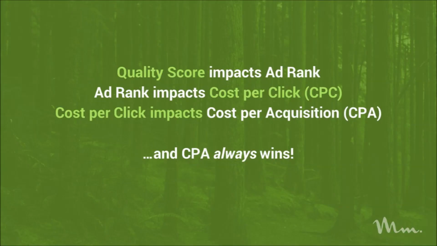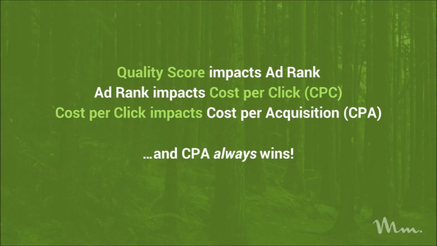Right, so we've run through quality score, what it is, how it works, how the auction works, some myths and 7 hacks that you can employ as of today to boost your quality score, reduce your costs. But I don't want to get too transfixed on quality score. Yes, it's really critical. However, quality score impacts your ad rank. Your ad rank impacts your cost per click.